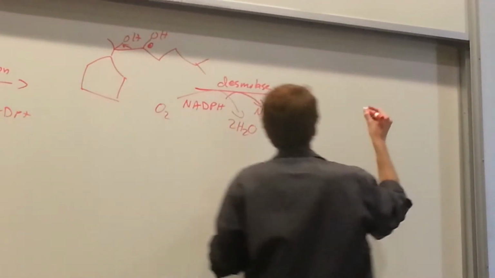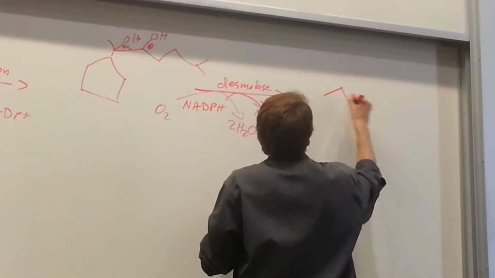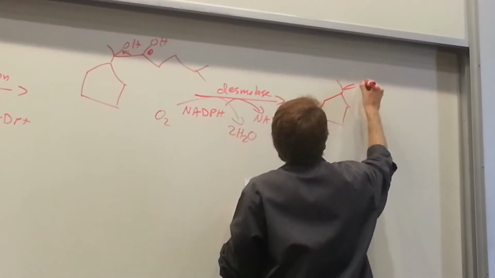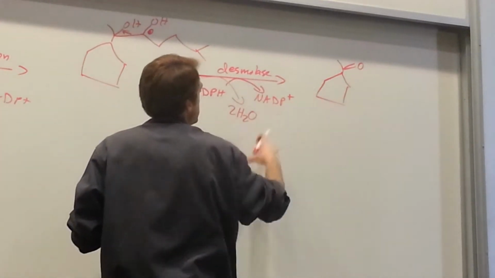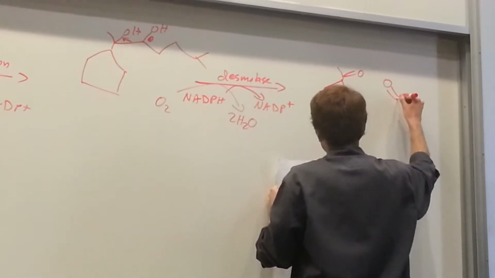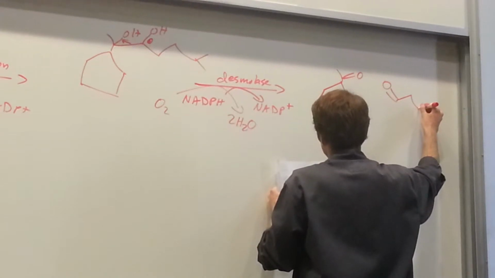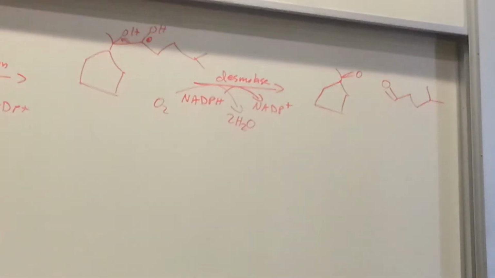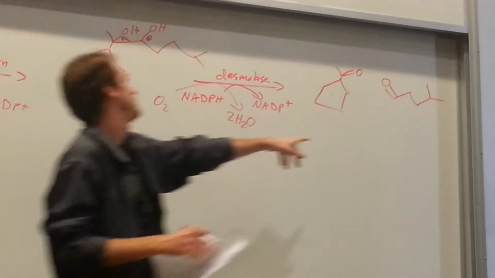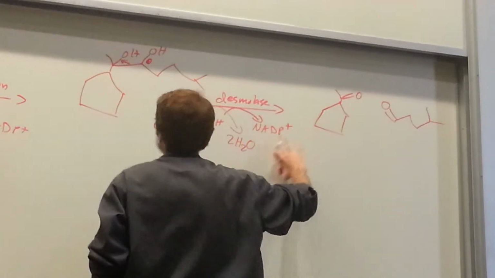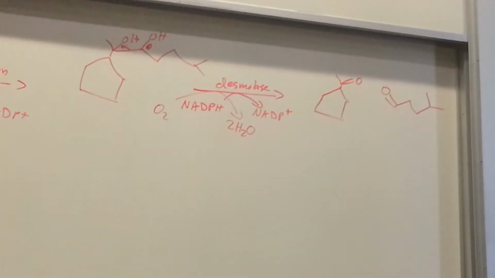All right, so then what we get looks something like this, and then the rest of the cholesterol is down here, right? And we end up breaking off this little thing. All right, and this is going to be metabolized. We use it for energy. And this is our cholesterol molecule. All right?